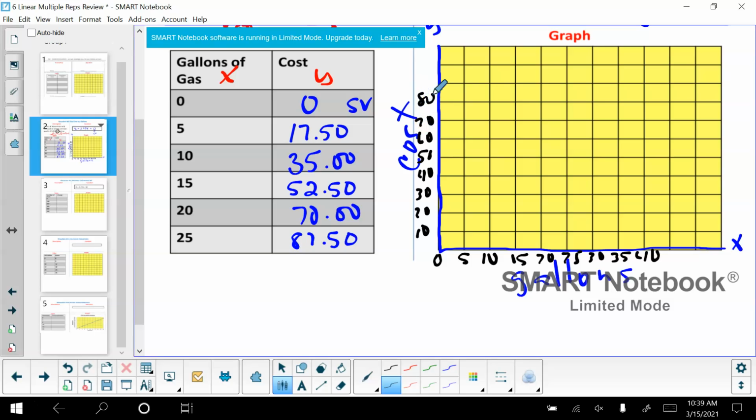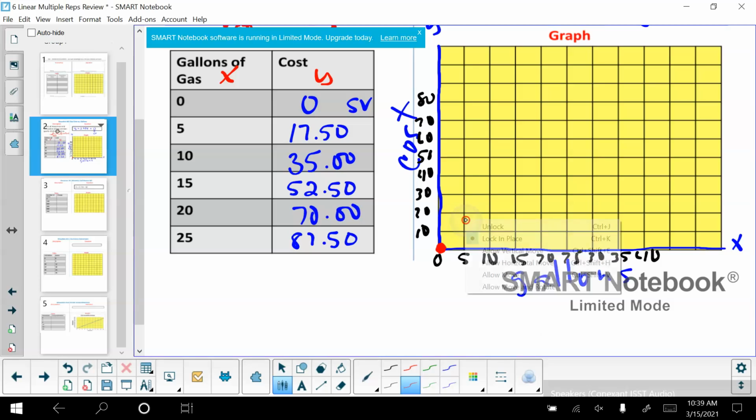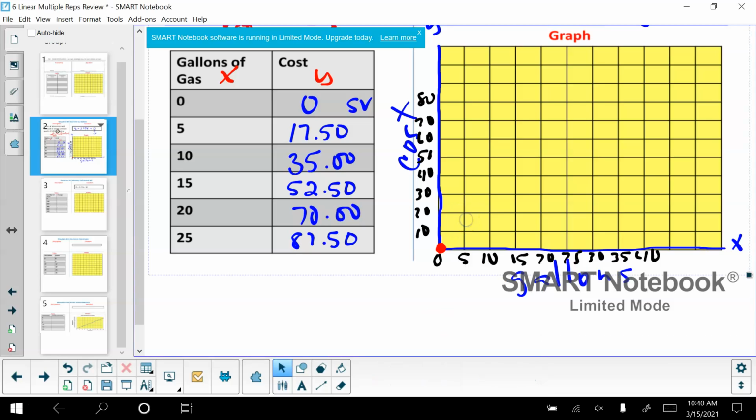Okay, so when I put the points on there, the first one is at 0, 0, so that's here. The second one is at 5 and 17.50. Well, I don't perfectly have 17.50 on here. I know it's between the 10 and the 20, and it's closer to the 20, so I'm going to put it right there.